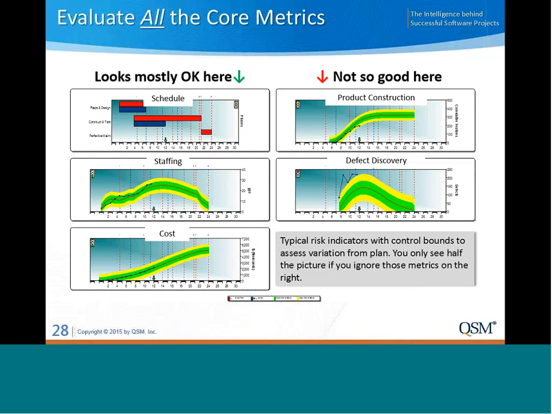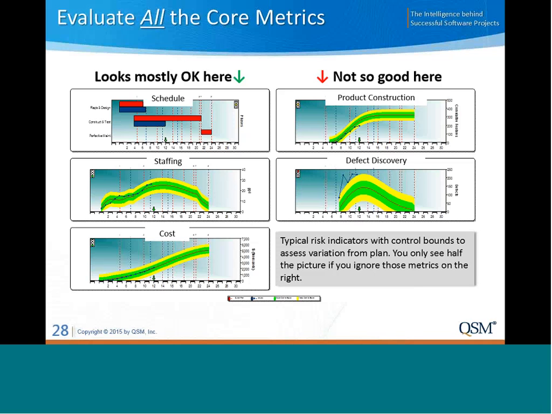So in this example, the red line represents expected progress in our SLIM control tool versus actuals. So you can see here on the upper right, product construction is clearly behind schedule. And then also below that, defect levels are higher than expected and have not yet passed the peak of what we would expect.